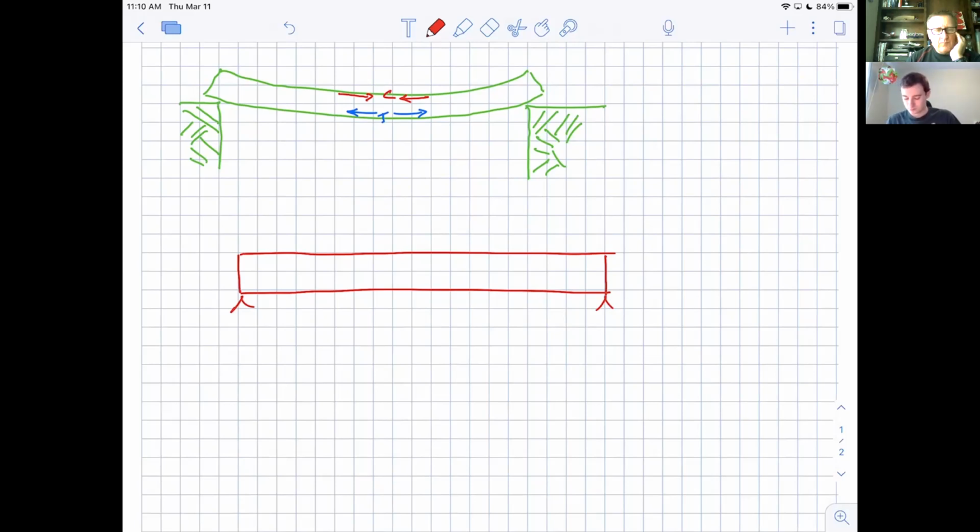And let's say, let's make this beam, let's see, I don't want to repeat myself because I've got an example we're going to do in a minute. What size was that example?